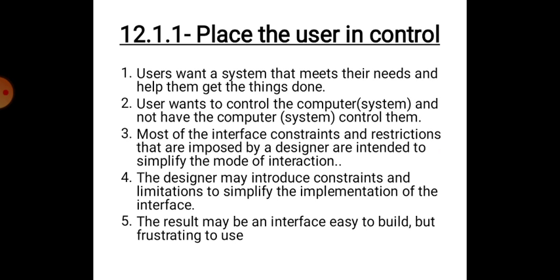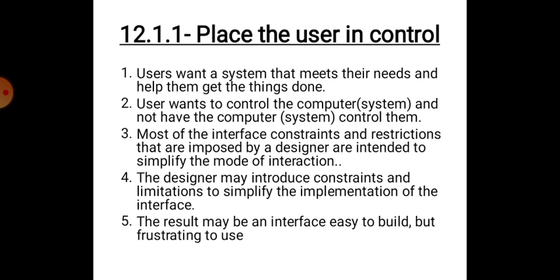Most of the interface constraints and restrictions that are imposed by a designer are intended to simplify the mode of interaction. Students, you very well know the user wants to be able to control the system and not the system control him. As well, they want an easy or simple mode of interaction.